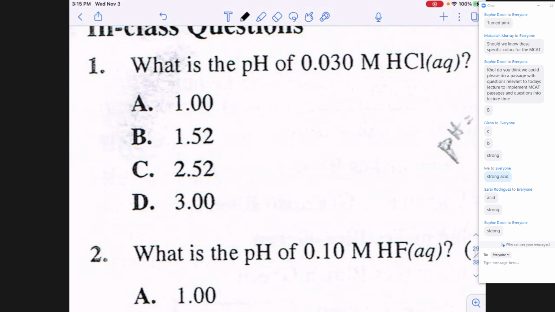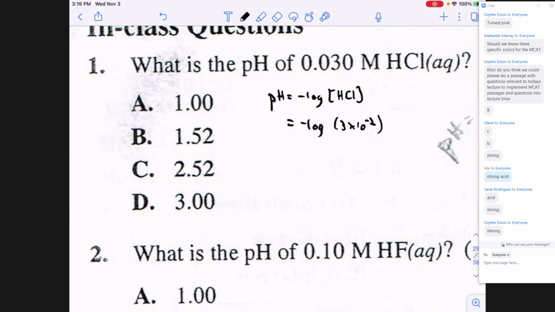So if you think about it, this is a strong acid, so we're going to use the pH equation. Negative log of your H+ concentration, or your HCl concentration, basically. So that's going to be negative log of 3 times 10 to the negative 2.